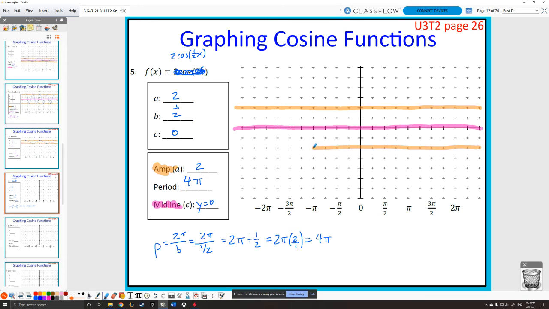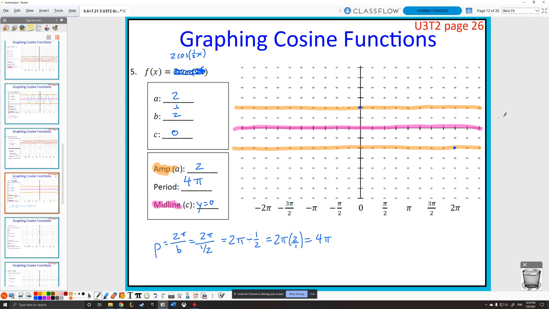Now, my graph starts at my max still, but with a period of 4 pi, that means I end at 4 pi, which is way off in the distance. But that's okay because the middle of that between 0 and 4 pi is 2 pi. So 2 pi is where my minimum is.